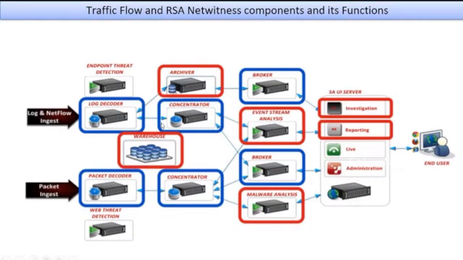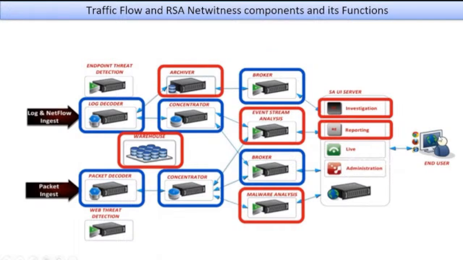And here is a standalone example of the deployment. The log decoder forwards to the concentrator, and then this forwards to the event stream analysis (ESA) and broker. So this service consumes from that one, and that one consumes from the other. That's how it works; it's a chain of appliances.